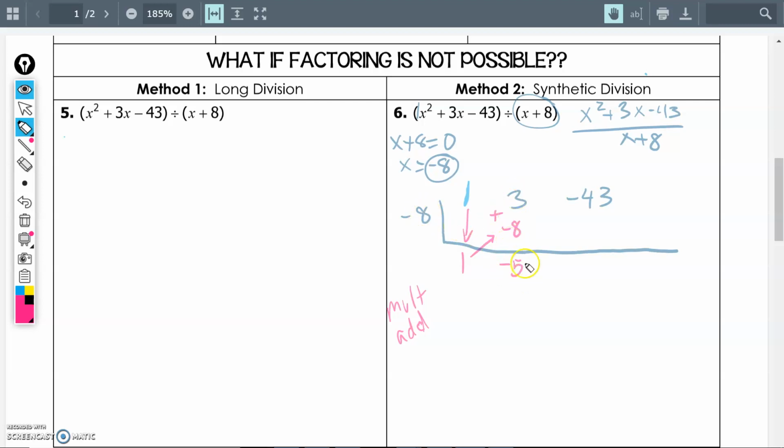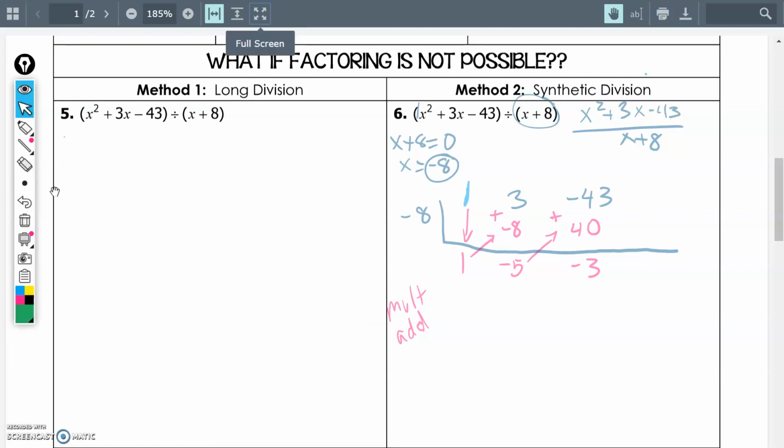Then we multiply whatever we get, negative 5 times negative 8, put that here, 40. Then we add to get negative 3. Again, we drop down the first number, multiply, add, multiply, add, and the last number that you have here is going to be your remainder.